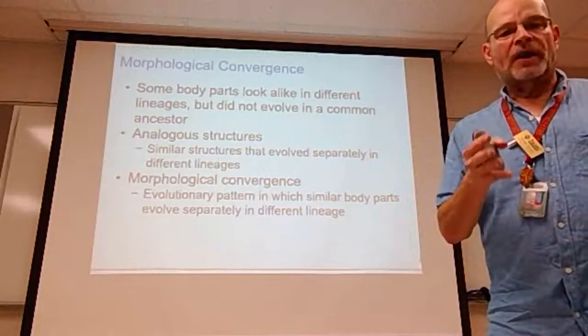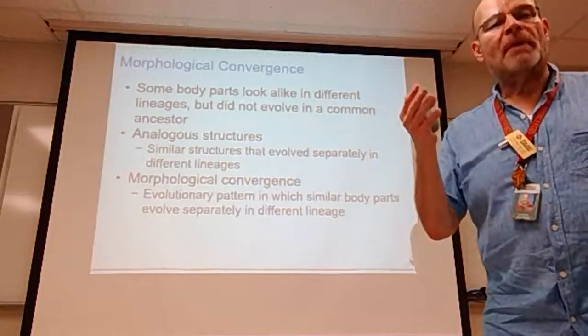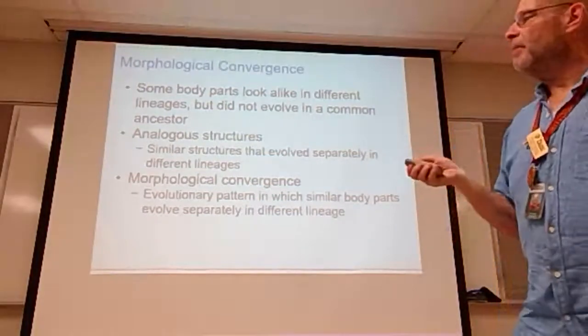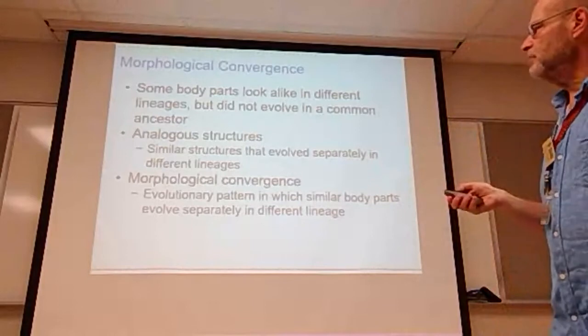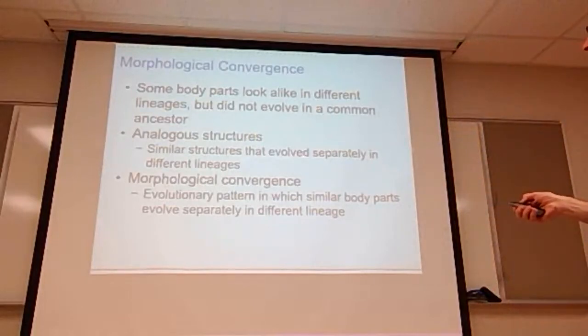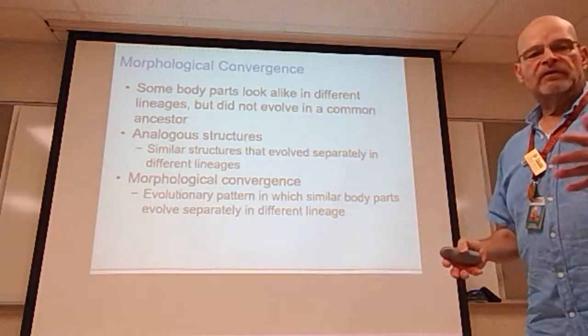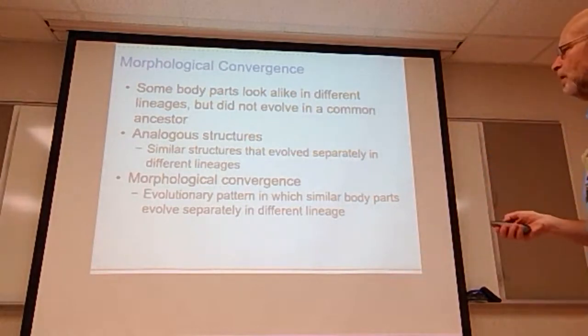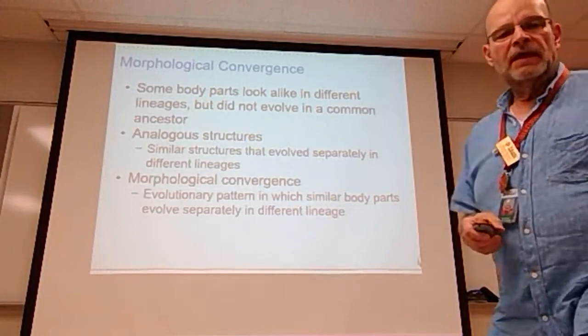The wings on a bat and the wings on a chicken are homologous structures, but the bat and the butterfly, analogous structures. Similar structures that evolved separately in different lineages. So the wing in the bat evolved one way, and the wing in the butterfly evolved a different way. An evolutionary pattern in which similar body parts evolved separately during different lineages is called morphological convergence.